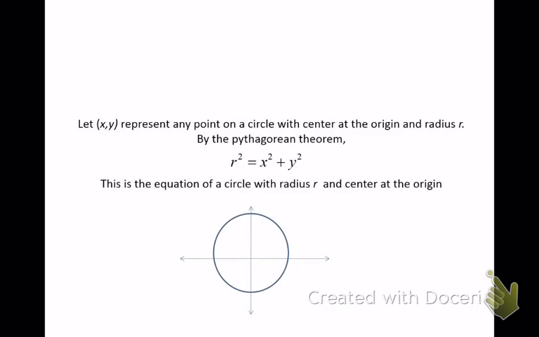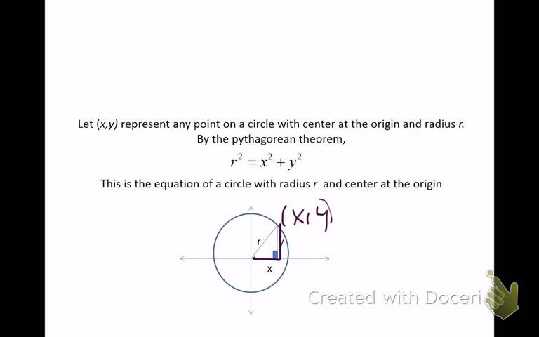If x comma y is a point on the circle, say this point right here, and the center of the circle is at the origin, 0, 0, then to get to that point, you would have to come over x this way and then go straight up y this way, which would create a right triangle.